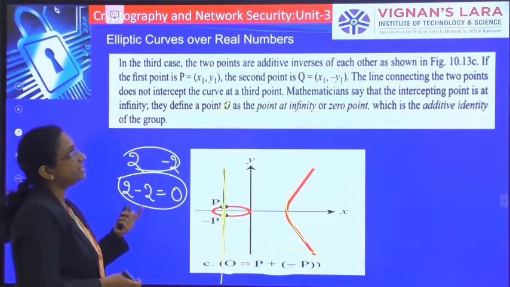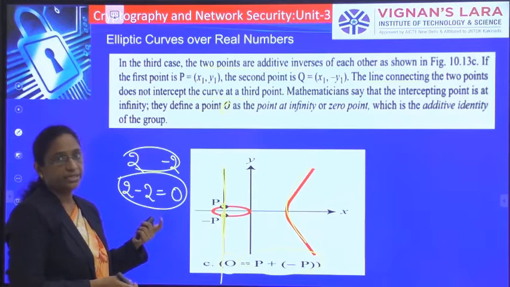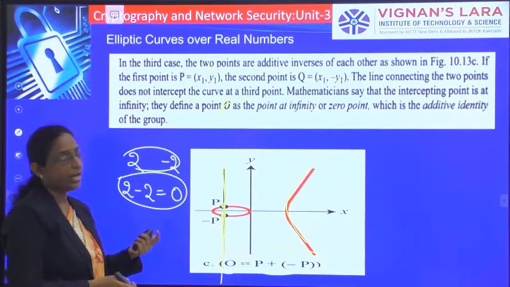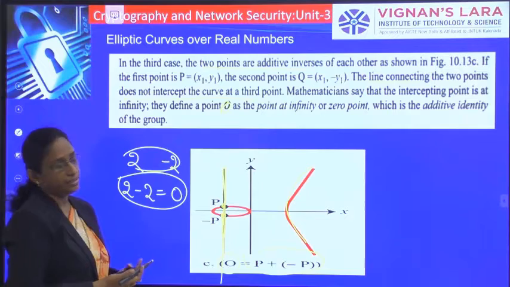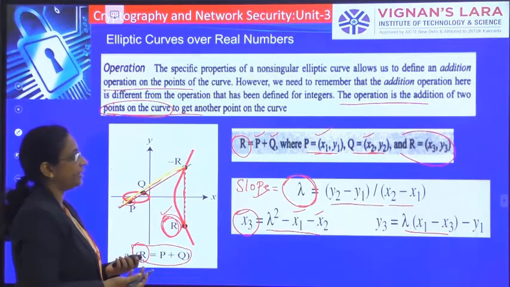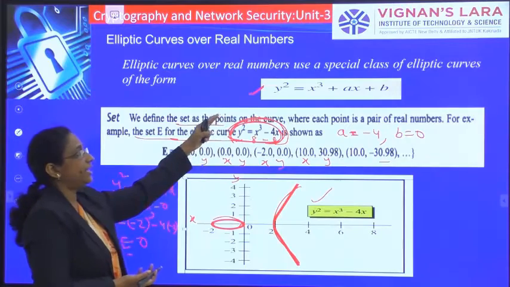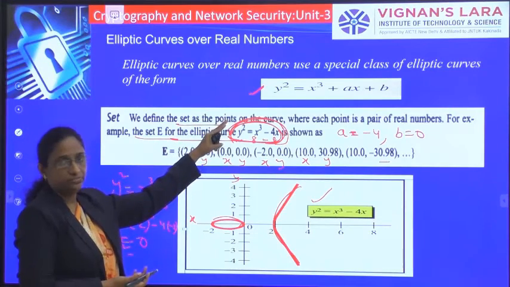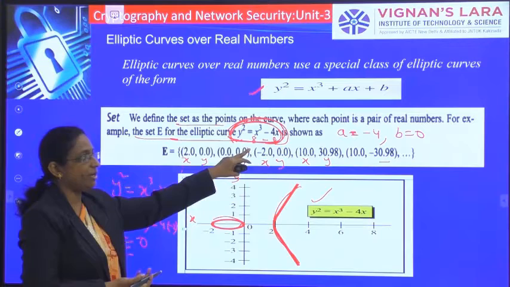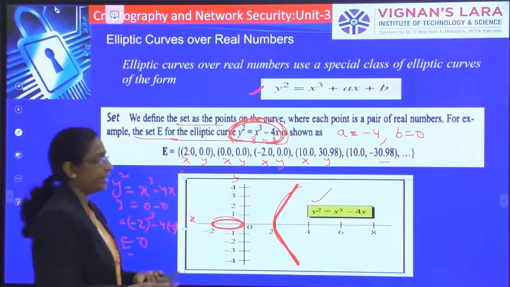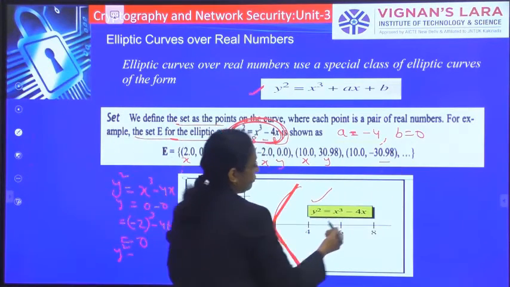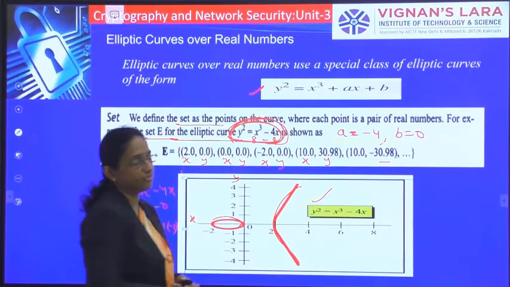So this is the 3rd case of our elliptic curves over the real numbers, where the elliptic curve takes values over the reals. The elliptic curve takes an equation of this form, where if you take a equal to minus 4 and b equal to 0, you get an equation of this form.